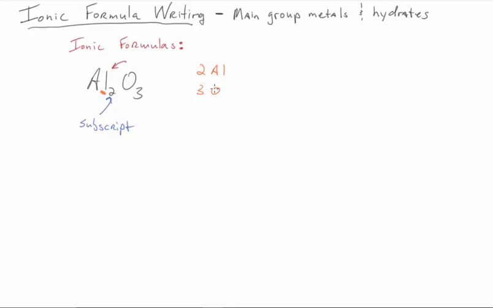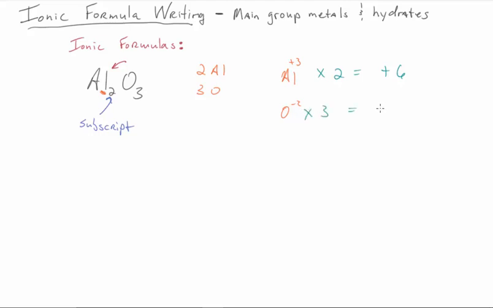Now, for balancing out charges, I want to be very clear here. Aluminum, based on where it's at in the periodic table, has a +3 charge, and oxygen has a -2 charge as an ion. I'm looking for a least common multiple, so if I multiply +3 times 2, that gives me a total of +6.